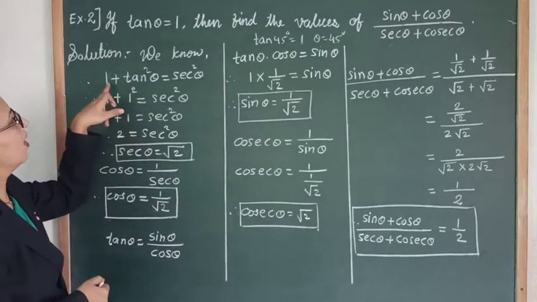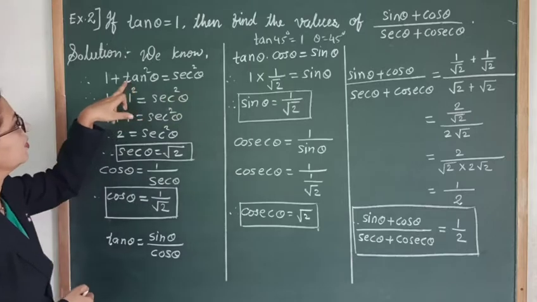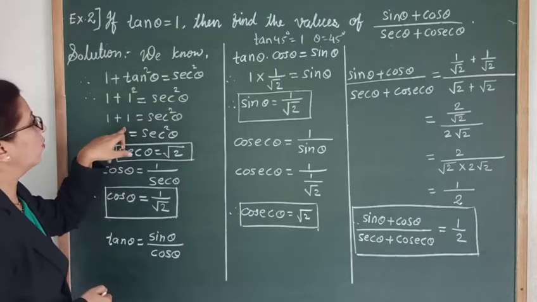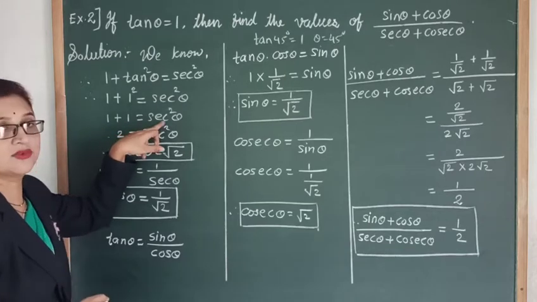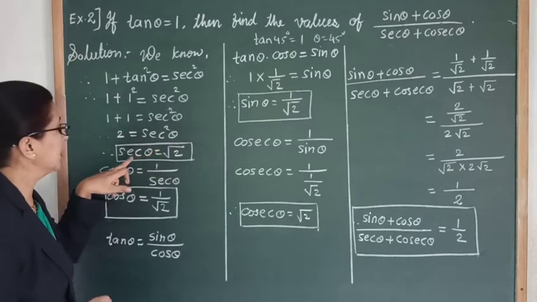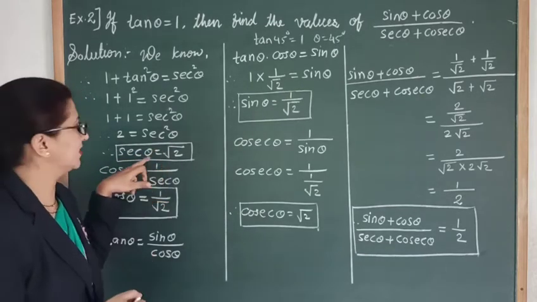So here 1 plus tan square theta is equal to sec square theta. Tan theta is given as 1, so 1 square is 1. So 1 plus 1 is equal to sec square theta. So this is the value of sec square theta. It means sec theta is equal to root 2. So we got the value of sec theta.